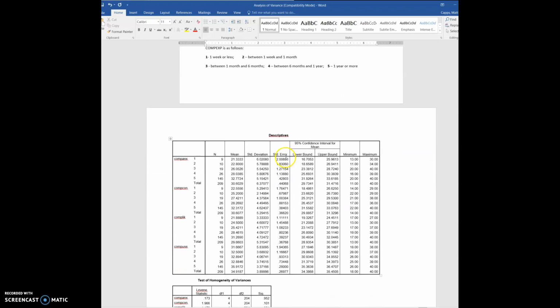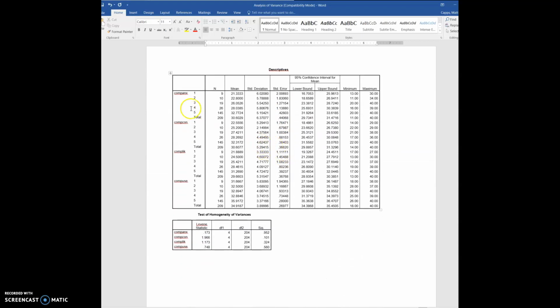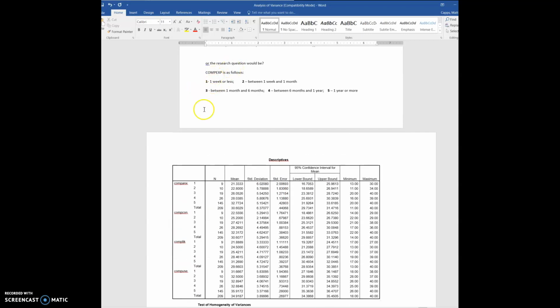So when you run the ANOVA, you get a data table that looks like this. So here's, again, the computer experience. These are their scores on computer anxiety. In this group, we had 9 people who had 1 week or less. Their computer anxiety score was 21.3. There's the standard deviation, standard error, the minimum score, the maximum score, and the confidence intervals. For group 2, those between 1 week and 1 month, there were 10 of those.